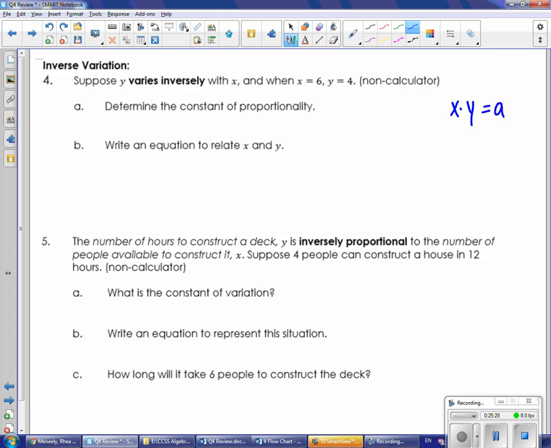And if I were to solve for y, then I would just divide both sides by x, and I get that y is equal to a over x. If I keep a as a constant, we call this the constant of proportionality.